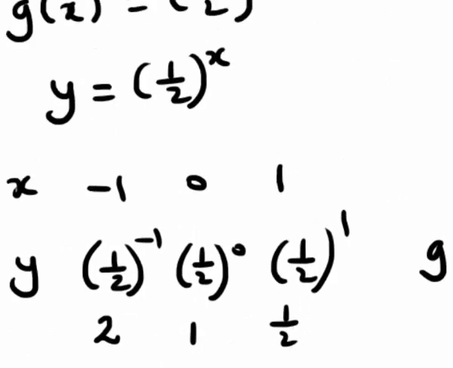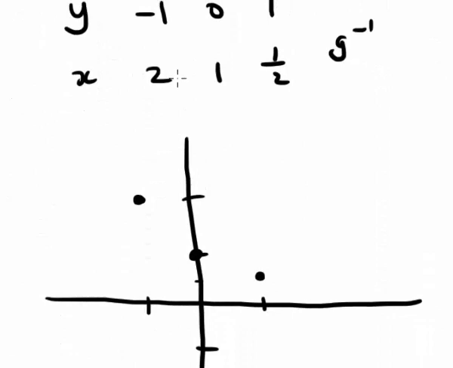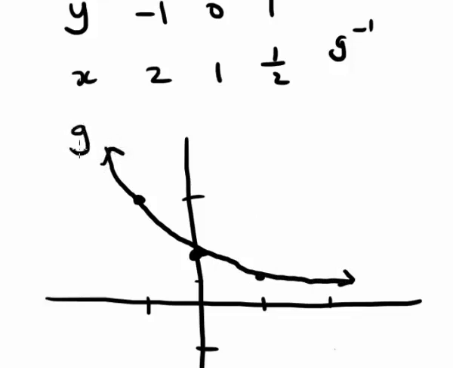Now, if you interchange that, let's have a look at this graph. X is 2, y is negative 1. This graph, of course, goes like this. Let's bring it down. There we go. That's the graph of g. Now, the inverse would be, if x is 2, y is negative 1, which would be there. Then you've got x is 0, y is 1.